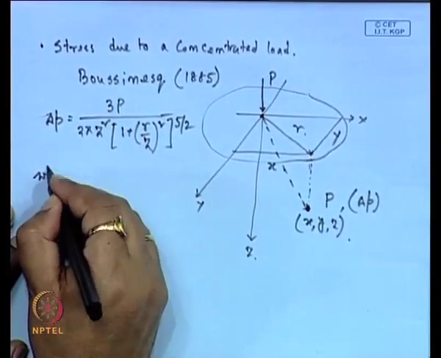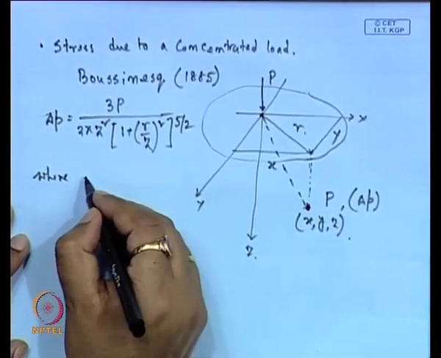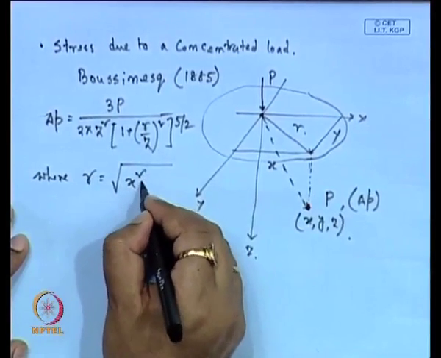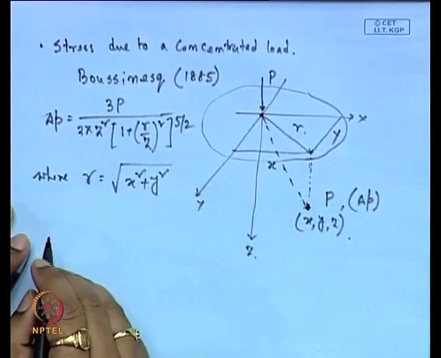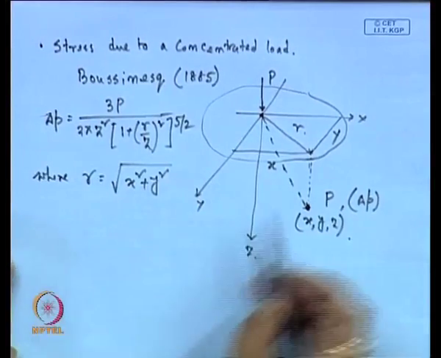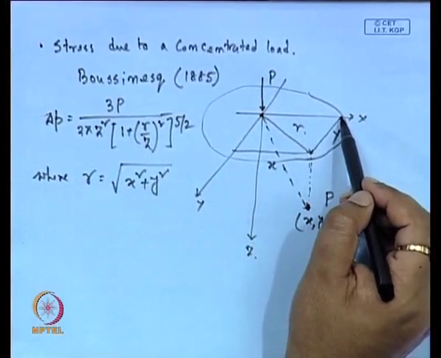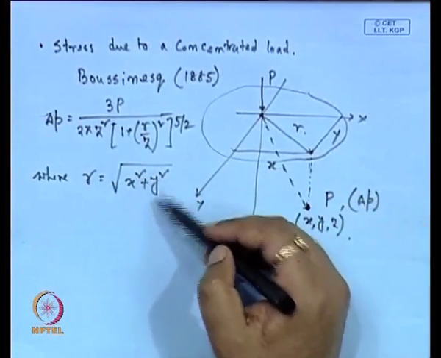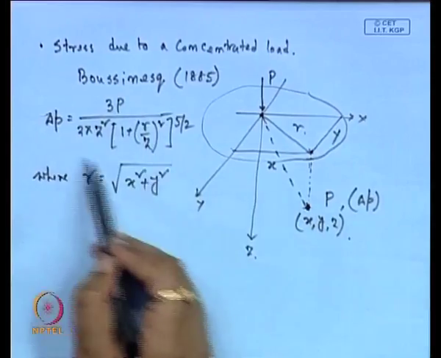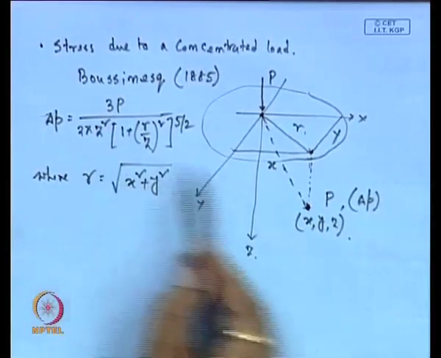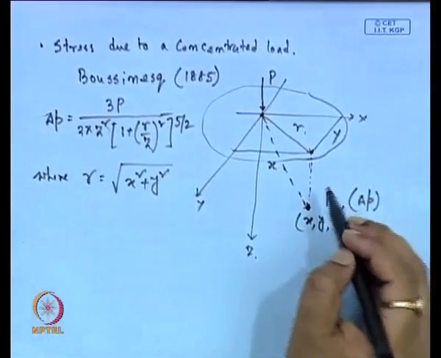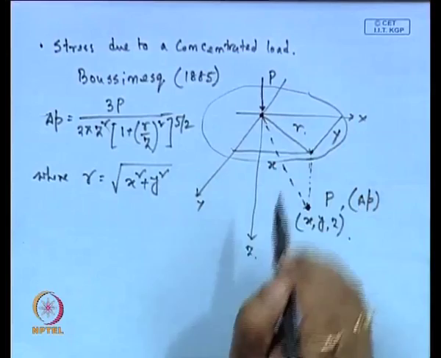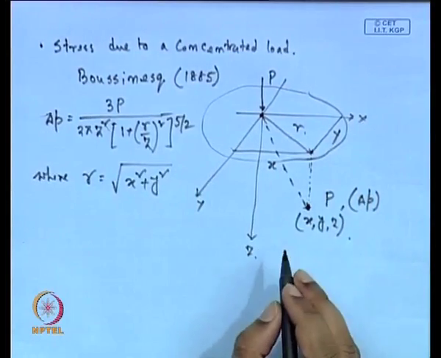Here r is given by root over x square plus y square. If we know x and y, we get the r value, and we know the z value. If we put these values in this expression, we get the stress due to the concentrated load at any point below the point of application of the load.